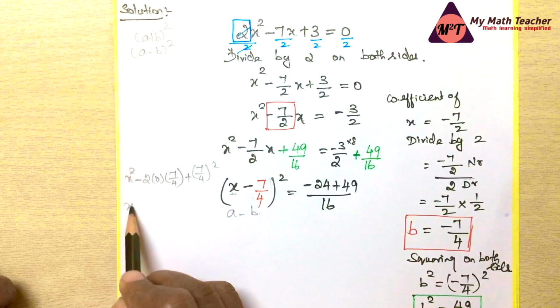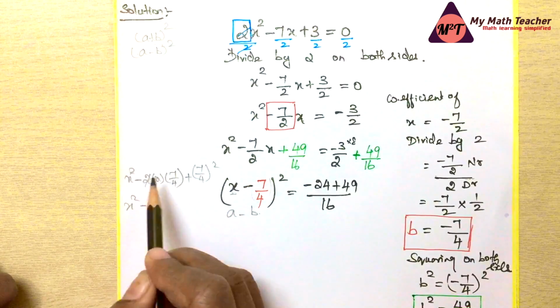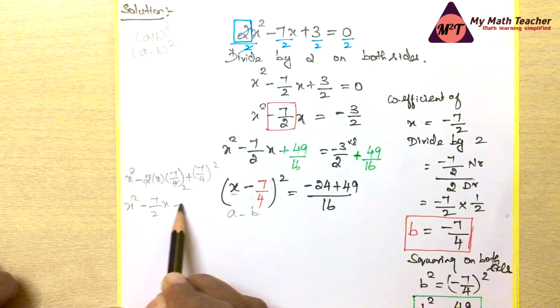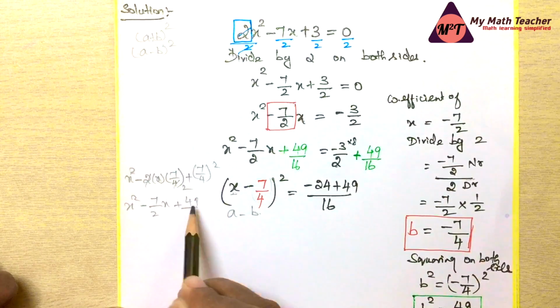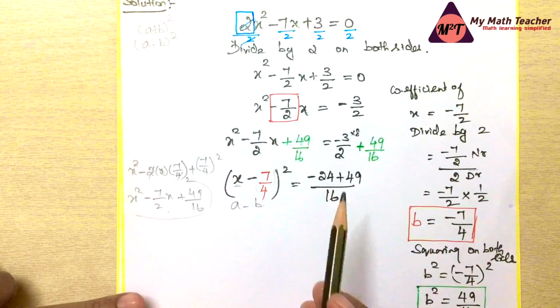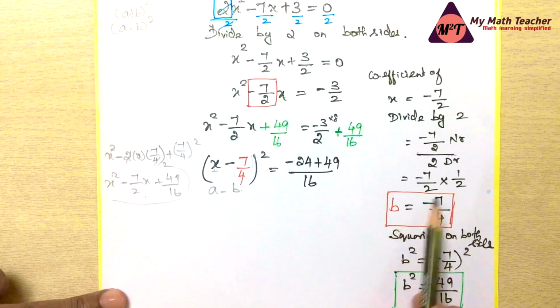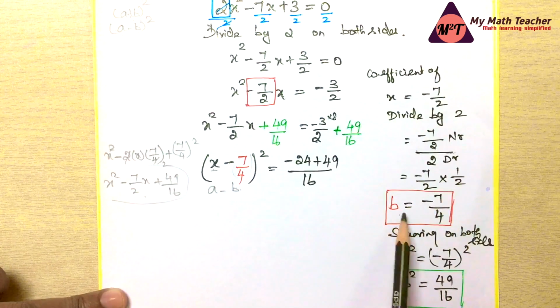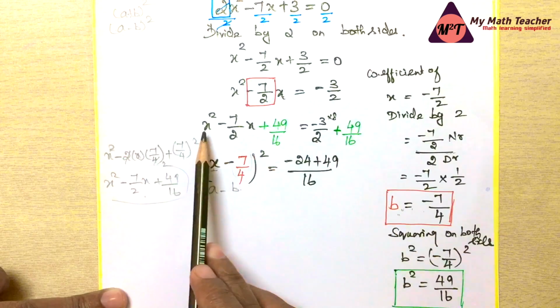Now x square minus 7 by 2x plus 49 by 16. So all the three terms are present here. So always remember, after dividing by 2, keep in mind that this will be the b value and a is your variable.